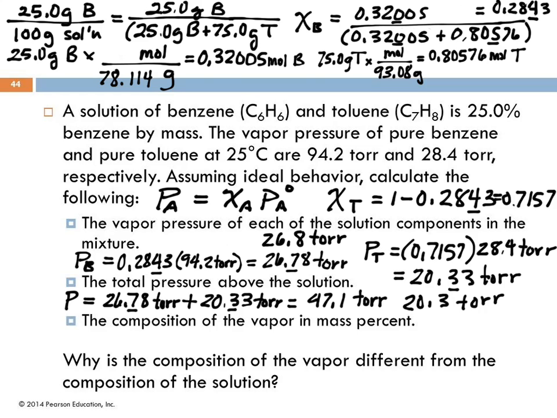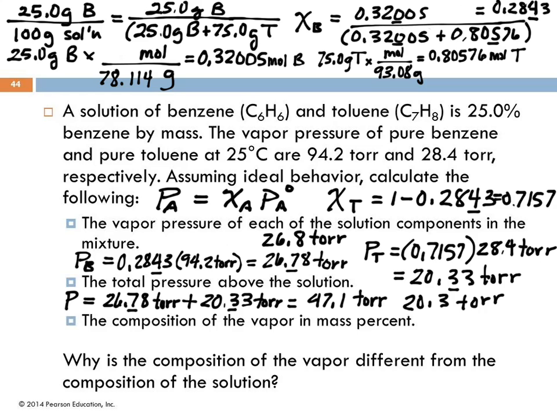Can you think of a reason why it would be different? What's different about these two compounds? Their masses are different. What else is different? Are their vapor pressures different? Yeah. So one is more volatile than the other.